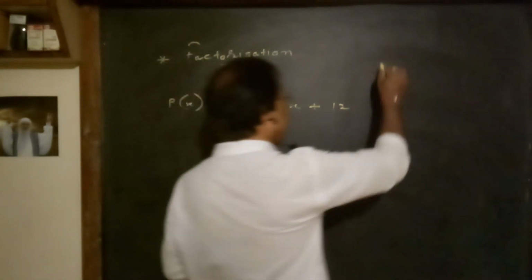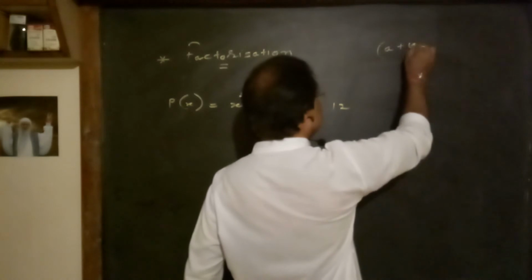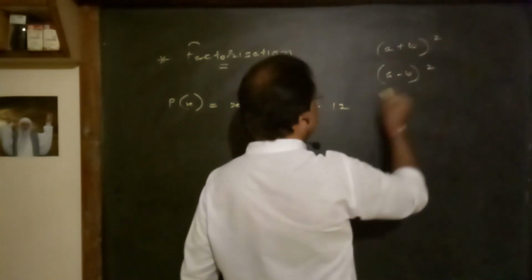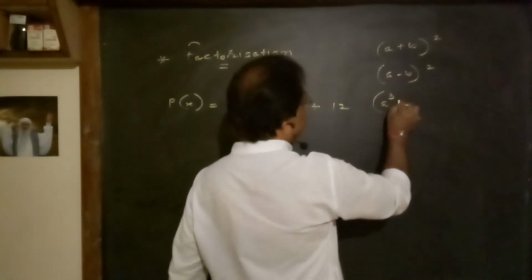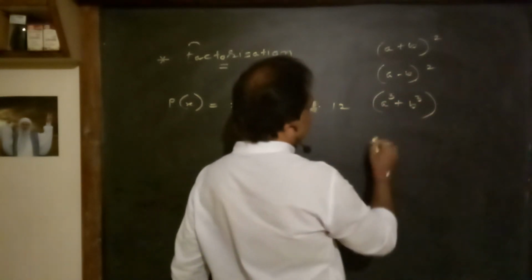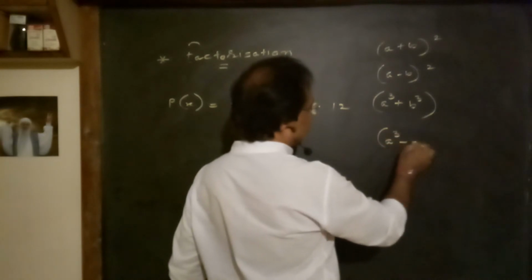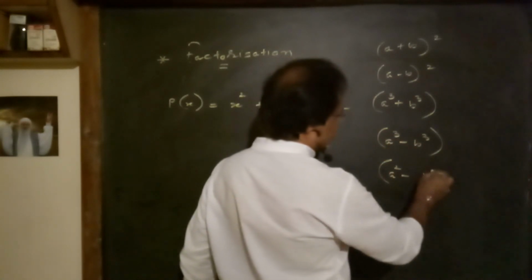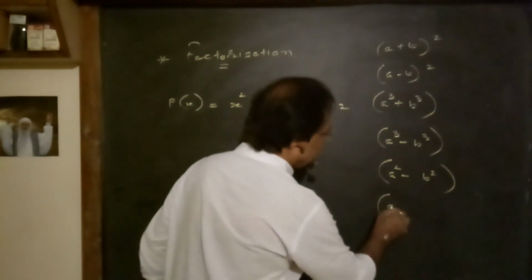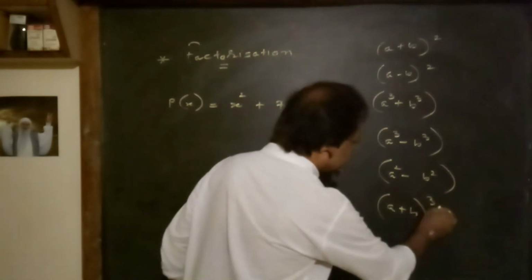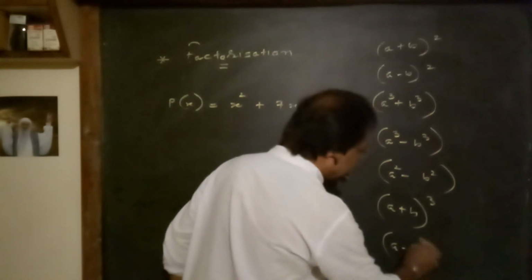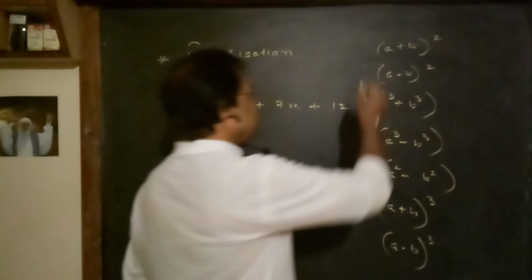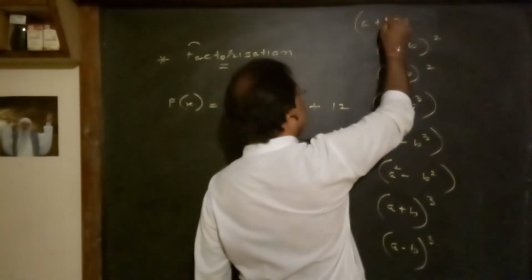Identities means what? A plus b the whole square, a minus b the whole square, a cube plus b cube, a cube minus b cube, a square minus b square, a plus b the whole cube, and a minus b the whole cube. Still there are identities like a plus b plus c the whole square.